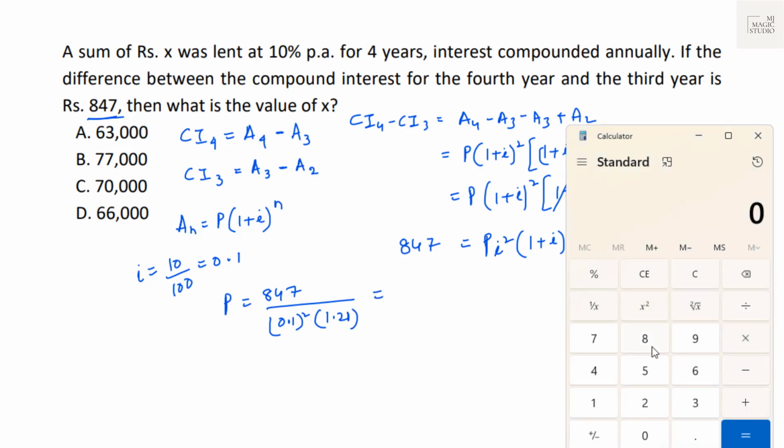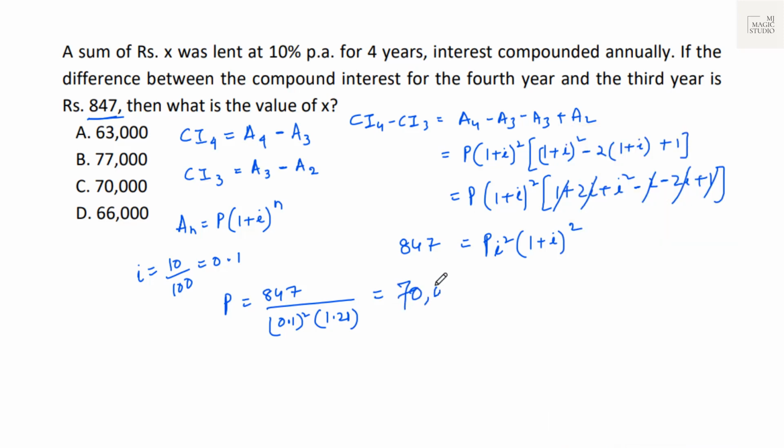You can use the on-screen calculator: 847 divided by 0.1 divided by 0.1 divided by 1.21 gives 70,000. Value of x is 70,000. Value of principal is 70,000. That is in option C.